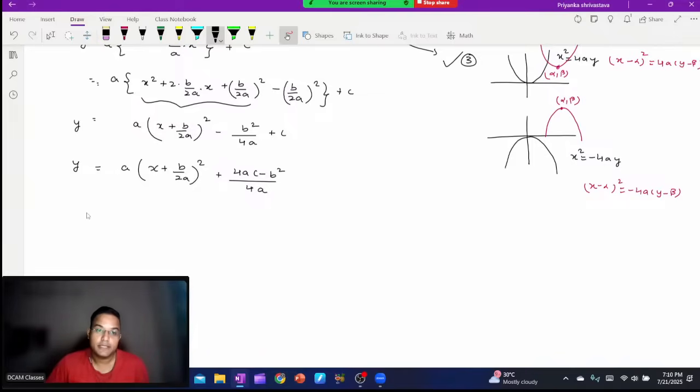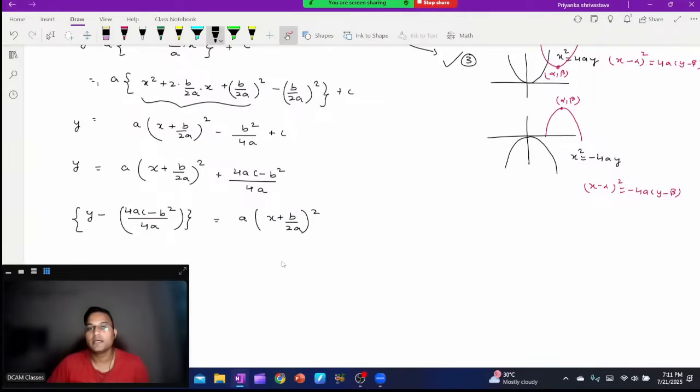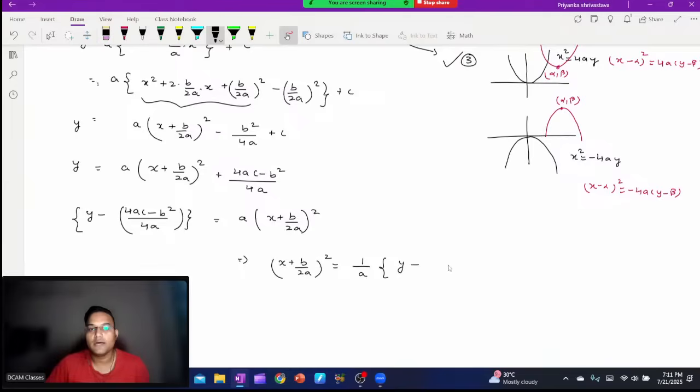Now this can be written as y minus 4ac minus b square by 4a is equal to a into x plus b by 2a whole square. Further, you can write this as x plus b by 2a whole square is equal to 1 by a into y minus 4ac minus b square by 4a.